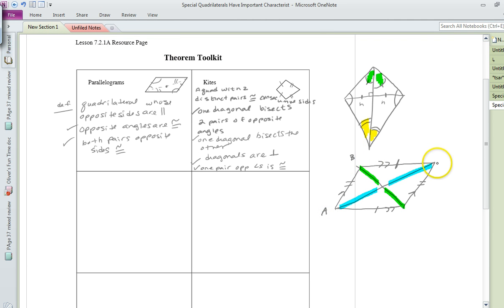This is certainly the kind of proof you'd be expected to make in Unit 7. So my givens are that BC is parallel to AD, that AB is parallel to CD, that BC is congruent to AD, that AB is congruent to DC. And those have been marked here.